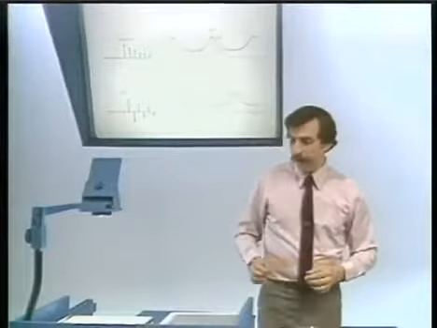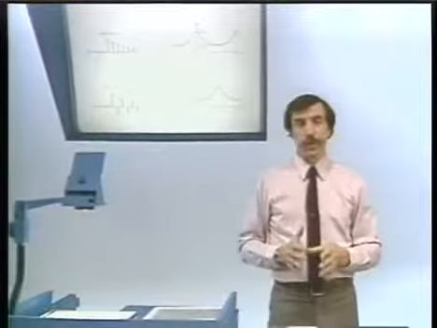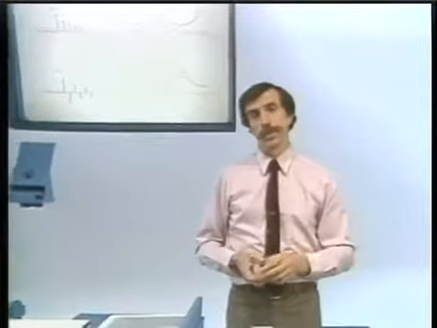So a first-order difference equation has a frequency response, depending on the value of A, that either looks approximately like a low-pass filter for A positive or a high-pass filter for A negative, very much like the first-order differential equation looked like a low-pass filter in the continuous time case.